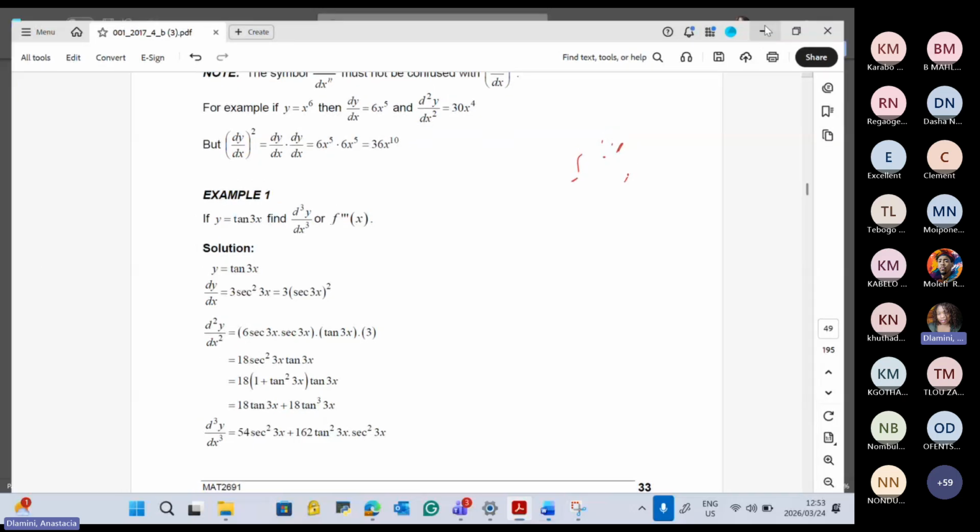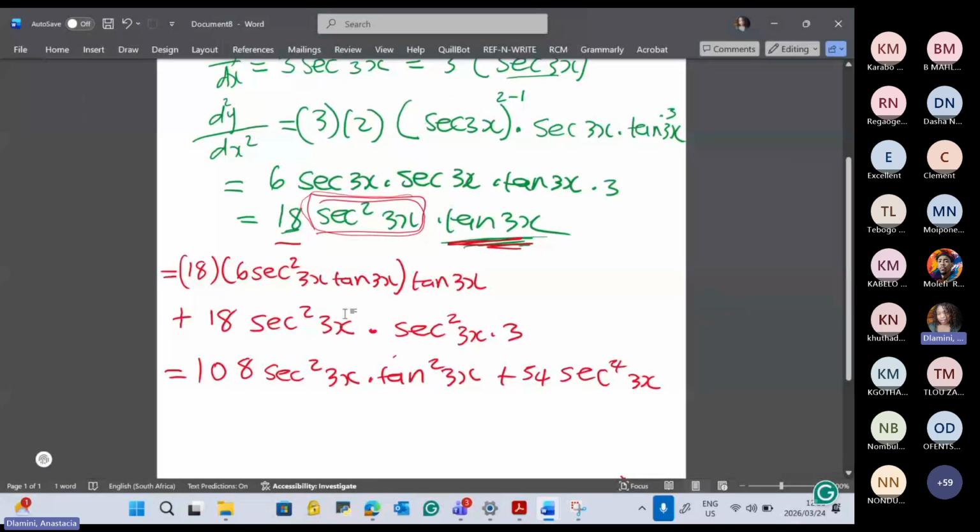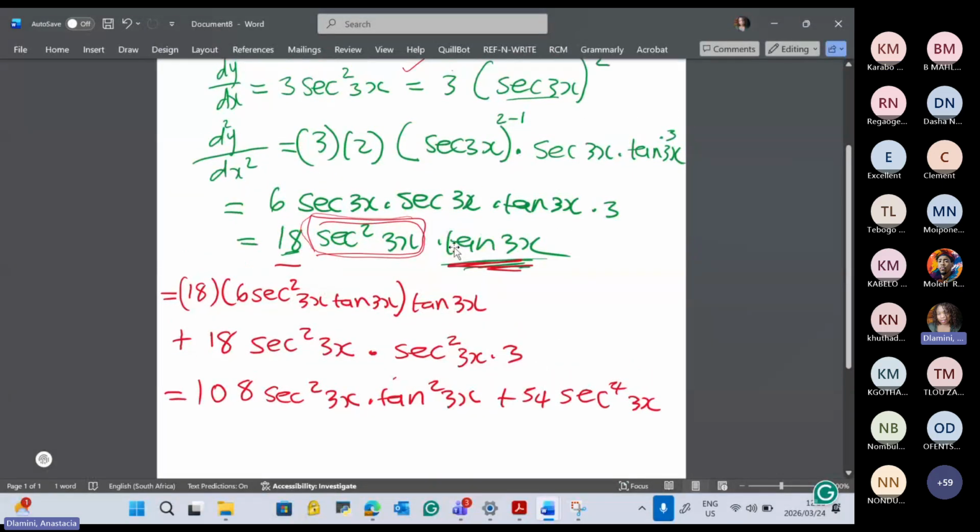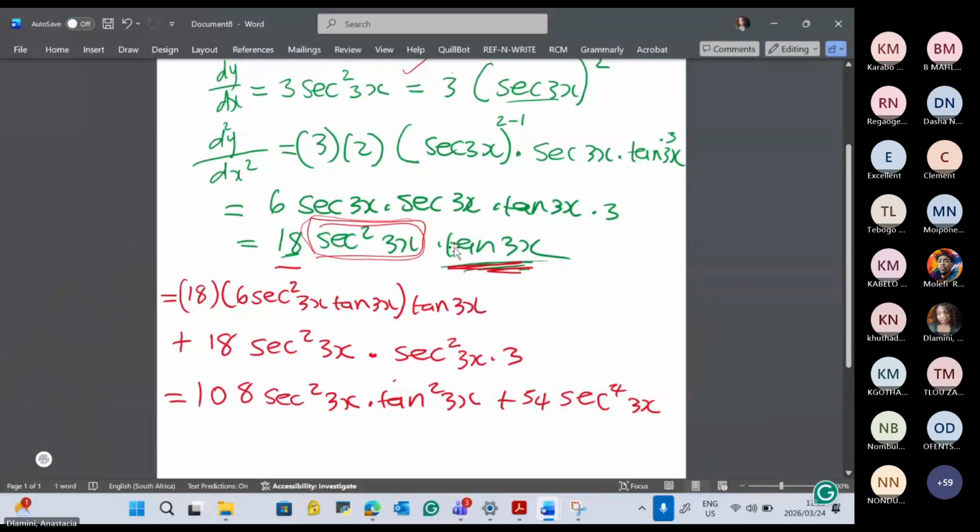But if you don't change it into an identity, go and check if this is what you get. I think we should get the same answer. Why are we not getting the same answer? The constant must be the same. I'm redoing it, ma'am. On my side I am getting 162, but I'm still busy with it.